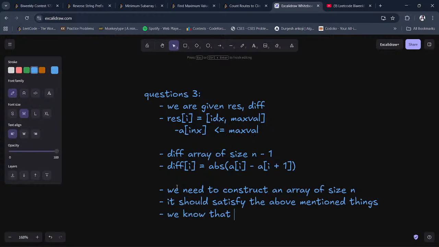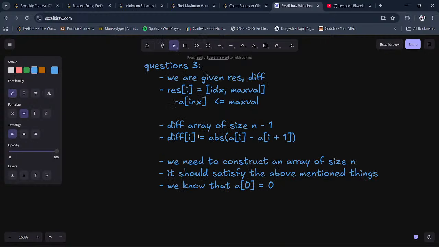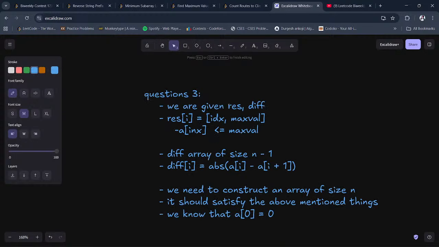We know that a of 0 is 0. So we are given a restriction array and a difference array. Restriction of i says that we are given an index and a max value. A of index should be less than or equal to max value. So we are bounded by something, that is the maximum value.